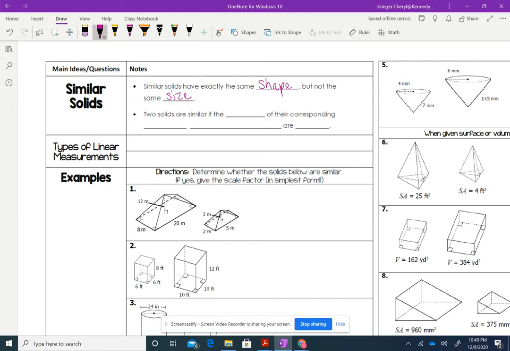Okay. And so we know that things are similar if they're proportional. And so in order to find out if they're proportional, we find if they have the same ratio. So two solids are similar if the ratio of their corresponding linear measurements are equal.